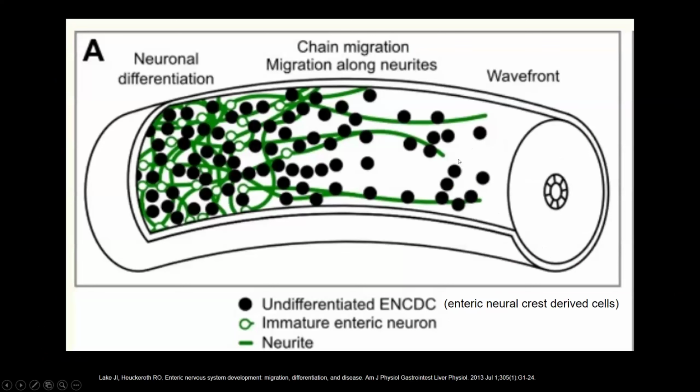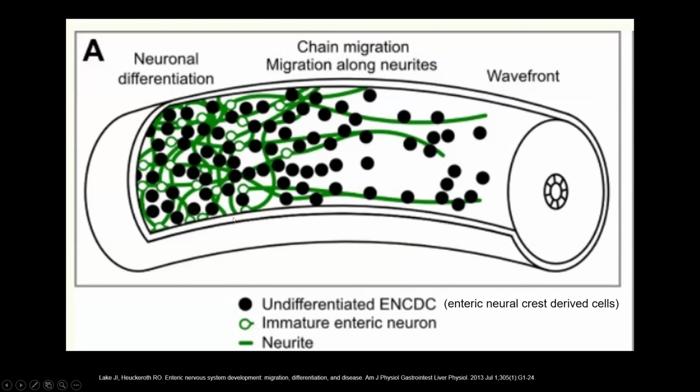I really like this image because it helps to explain why Hirschsprung develops the way it does. As undifferentiated neural crest cells move along, behind them are the developing neurons and their neurites. This neuronal differentiation is what eventually will remain in your gut and what helps to provide tonicity.